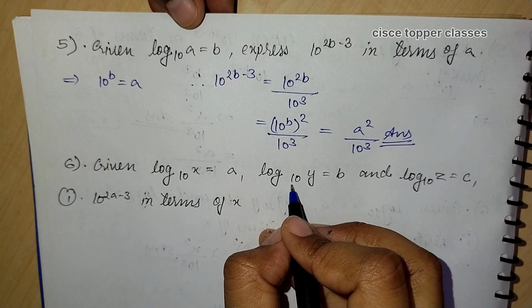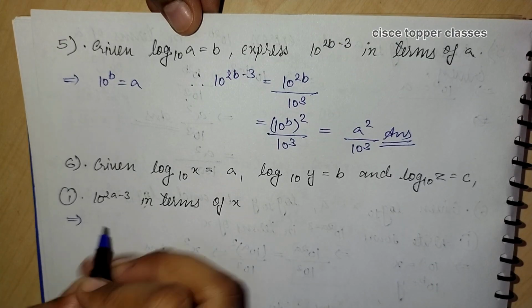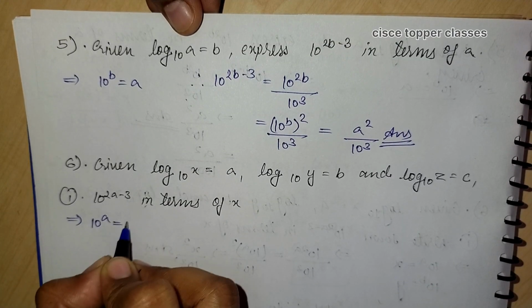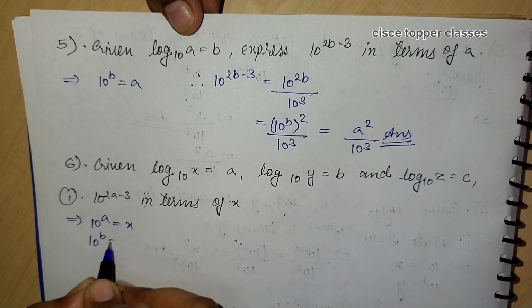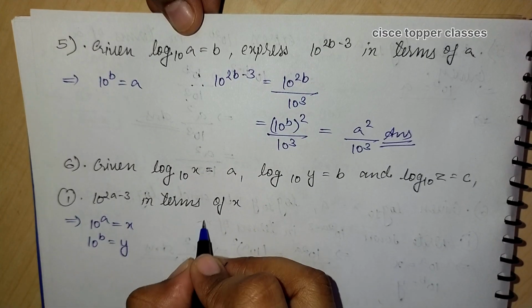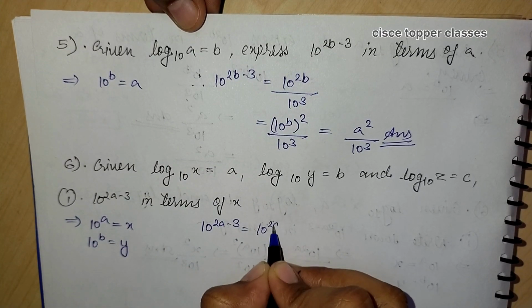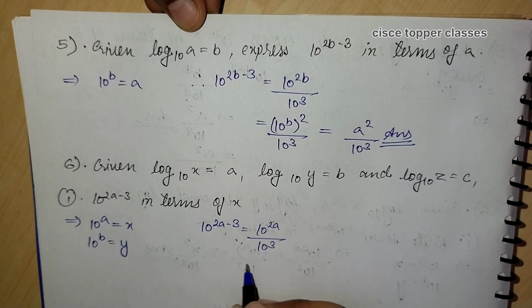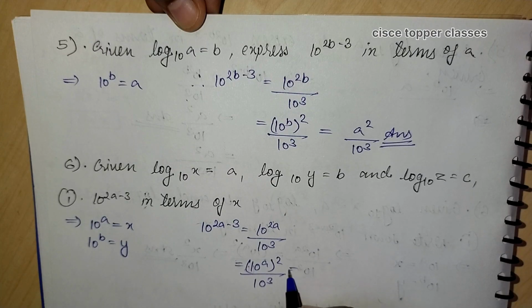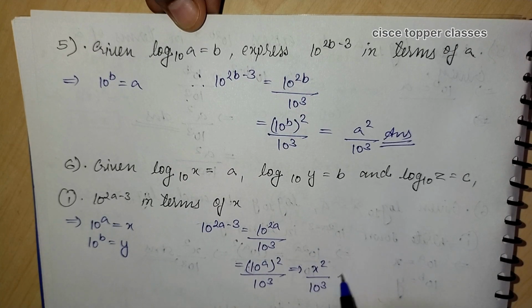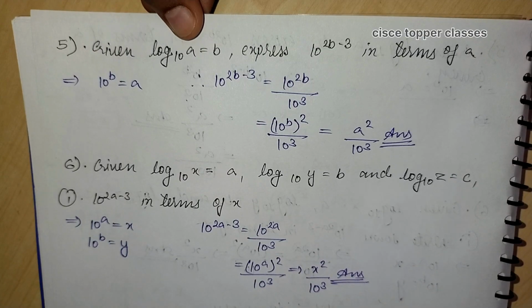So firstly we will convert it into exponential form as 10 to the power a equal to x, 10 to the power b equal to y. We can simply write 10 to the power 2a minus 3 as 10 to the power 2a divided by 10 to the power 3. So it will be 10 to the power a whole square divided by 10 to the power 3 equal to x square divided by 10 to the power 3 as the answer of the first part.